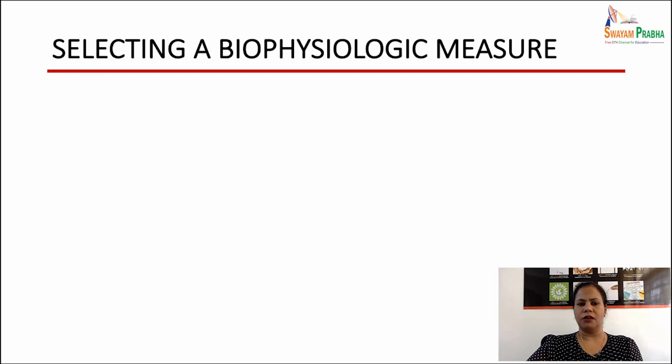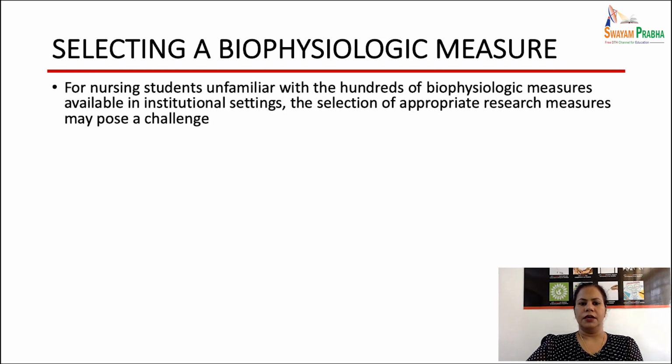Now let us talk about which points we need to take care of whenever we have to select a biophysiological measurement for our research study. Particularly, nursing students may be unfamiliar with the hundreds of biophysiological measurements available in institutional settings.